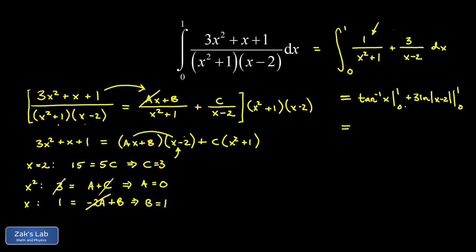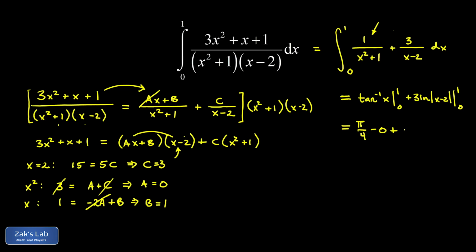Now we just have to do these evaluations. So when I sub in the upper limit on the inverse tangent part, that gives me inverse tangent of 1. In other words, the angle whose tangent is 1, and that's just pi over 4. Then I subtract from that the angle whose tangent is 0, which is just 0. Moving on to the natural log piece, when I sub in the upper limit, I end up with 3 natural log absolute value of negative 1, but that's an absolute value there, so it's 3 natural log of 1.